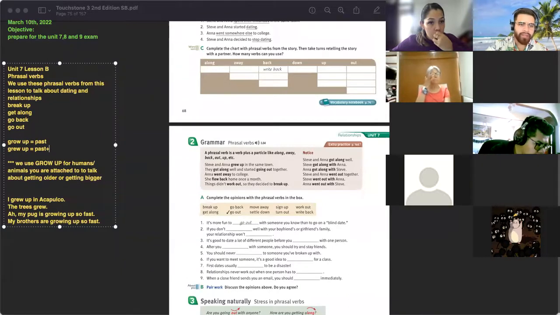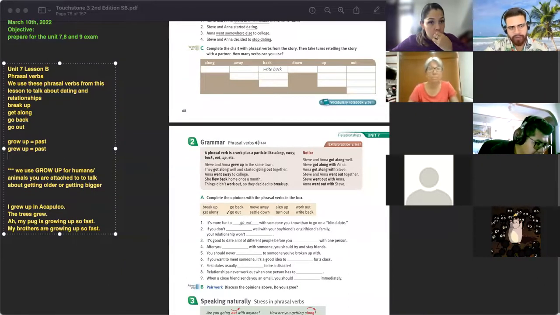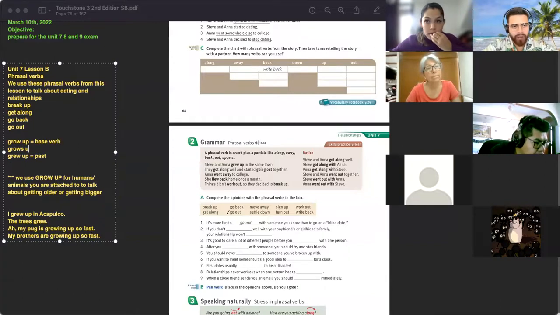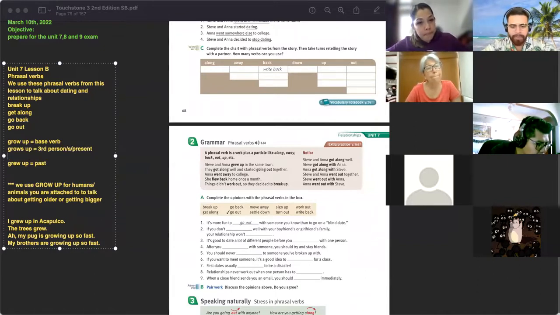Here, let me give you the conjugation of this verb. Grow up is the present, or let's say the base verb. Grows up is third person singular in the present. To grow up is the infinitive.